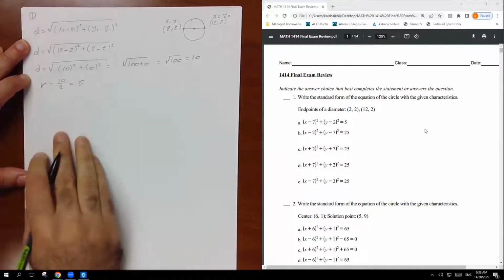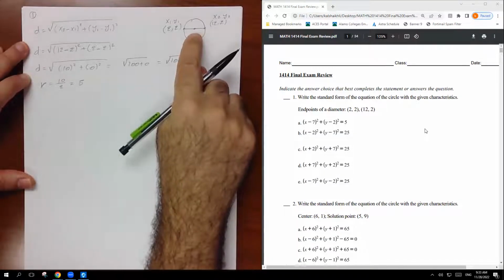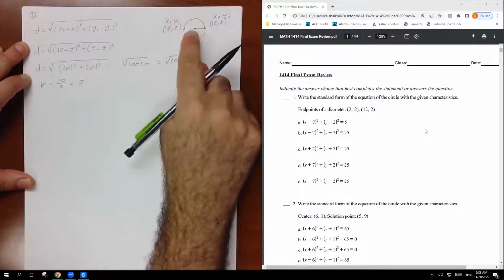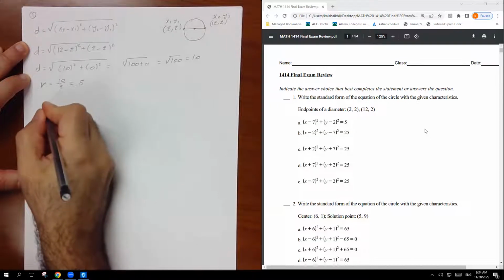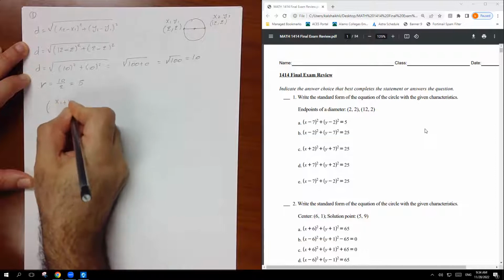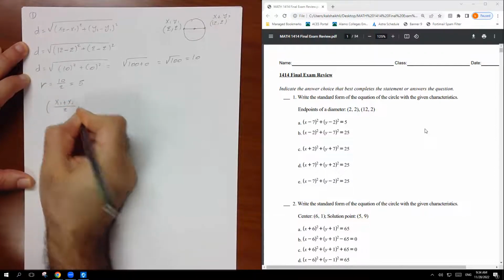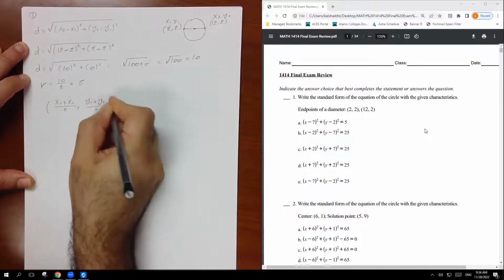Now, for the second part, we don't know the center, and we need it to write the equation of the circle. The center is the midpoint between these 2 points. So I'm going to use the midpoint formula, which is x1 plus x2 divided by 2, y1 plus y2 divided by 2.